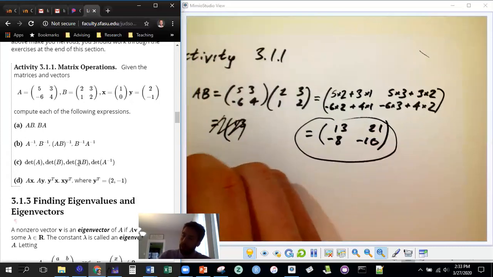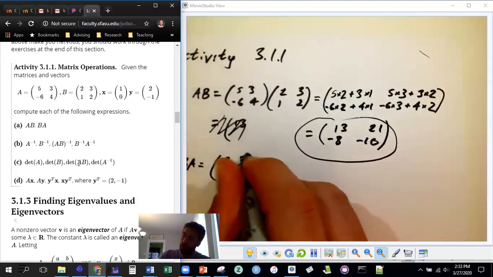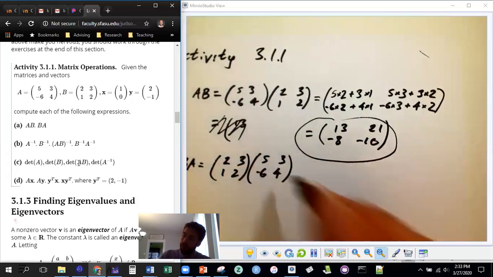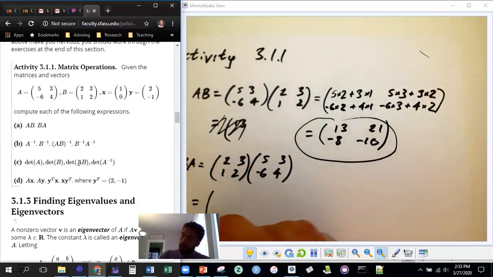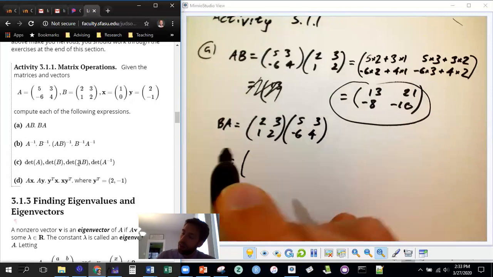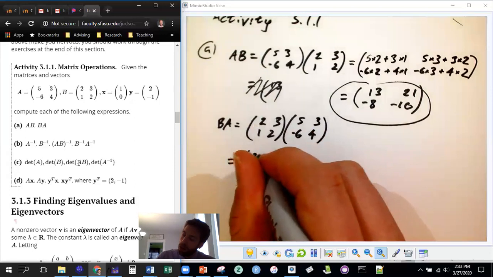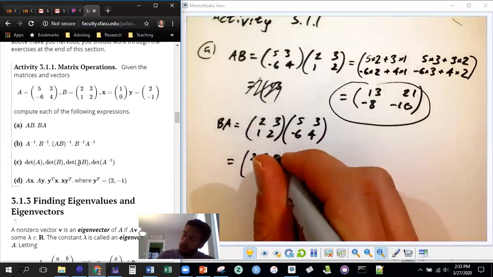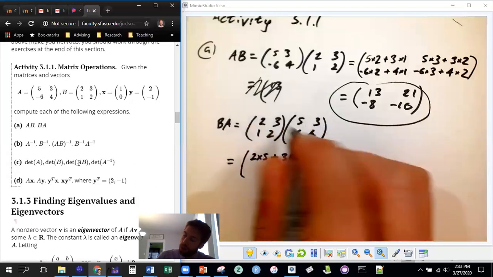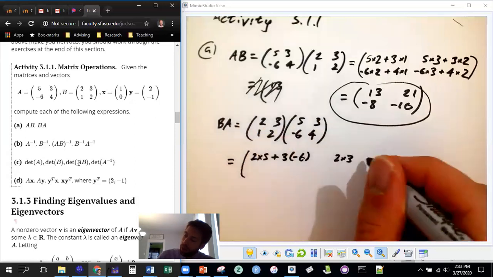Now B times A, that's opposite: [2, 3; 1, 2] times [5, 3; -6, 4]. Again, we'll go a little slower for those of you who haven't done the algebra. Rows times columns: 2 times 5 plus 3 times -6, and then 2 times 3 plus 3 times 4.